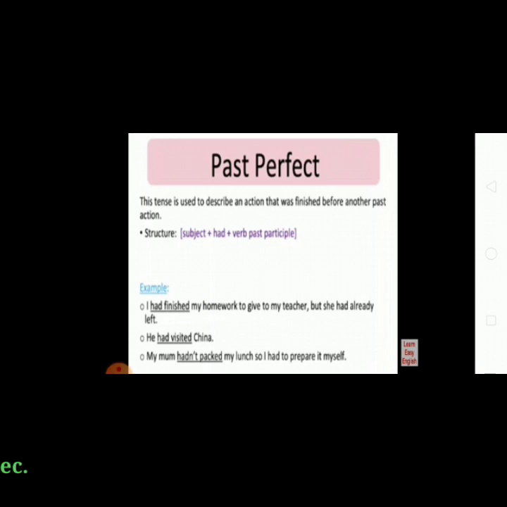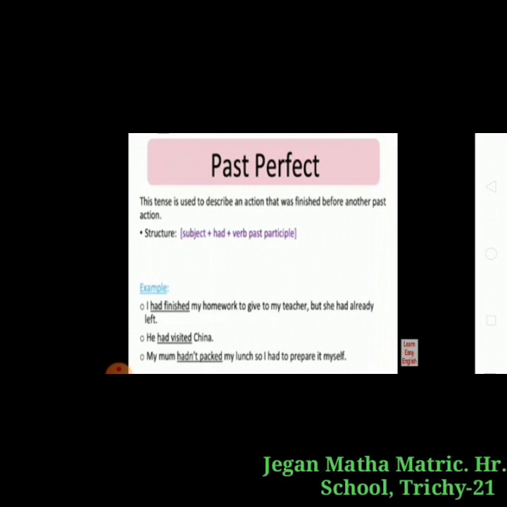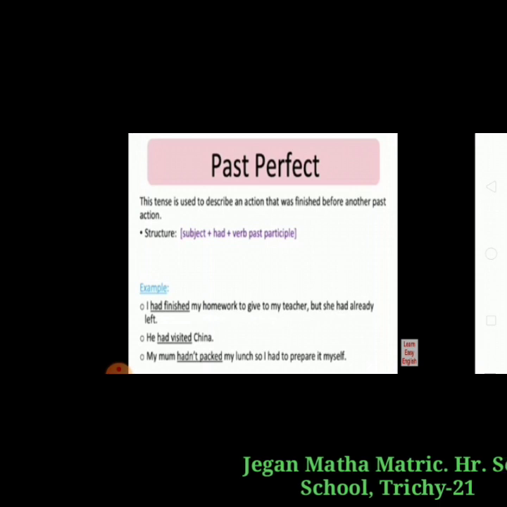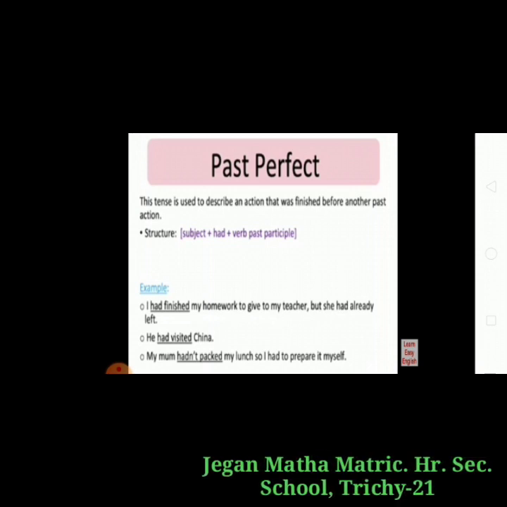Three examples are given. I had finished my homework to give to my teacher, but she had already left. He had visited China. My mom hadn't packed my lunch, so I had to prepare it myself.